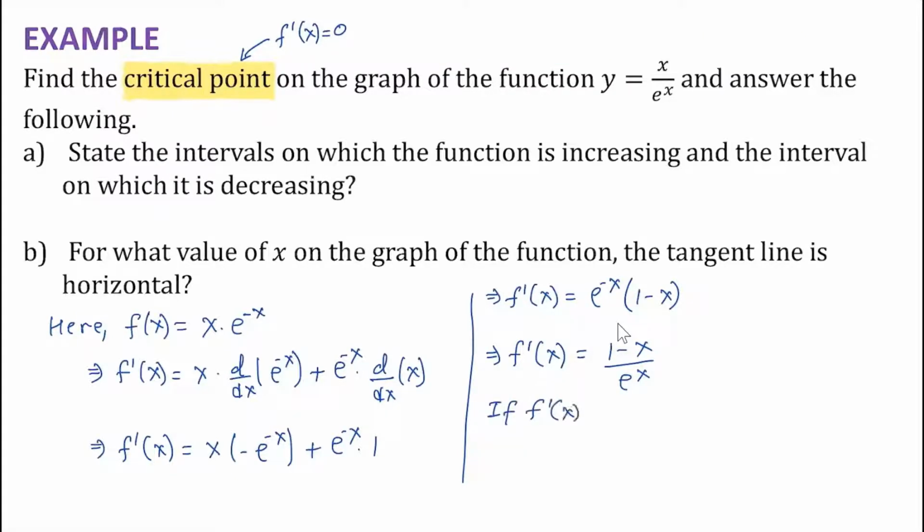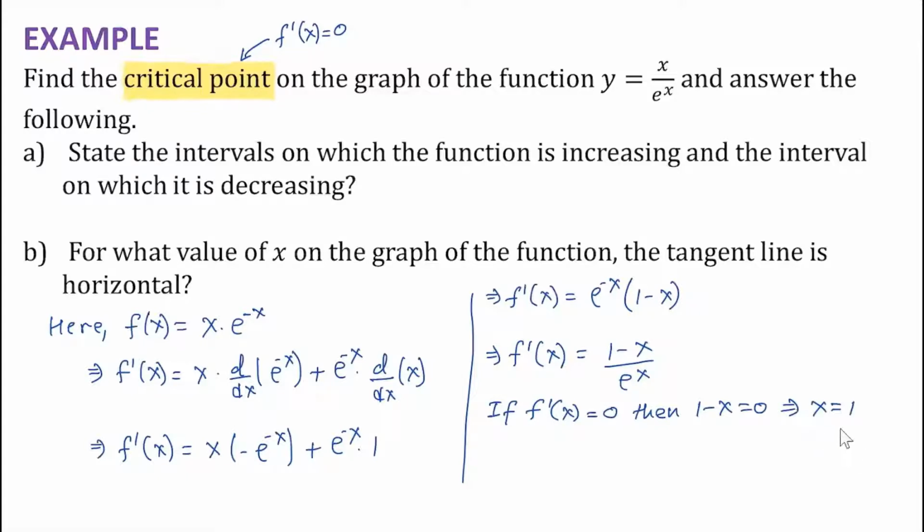If the first derivative is equal to 0, then what I'm saying is 1 minus x is equal to 0. Because for a fraction to be 0, the numerator must be 0. For the fraction to be undefined, the denominator must be 0. But here I am looking for the first derivative to be 0, and this fraction will be 0 when the numerator is 0, when 1 minus x equals 0.